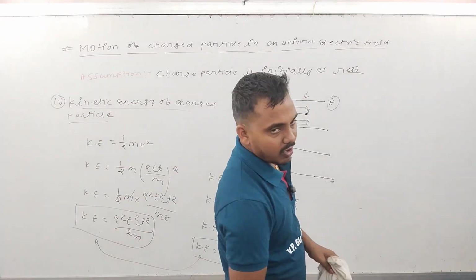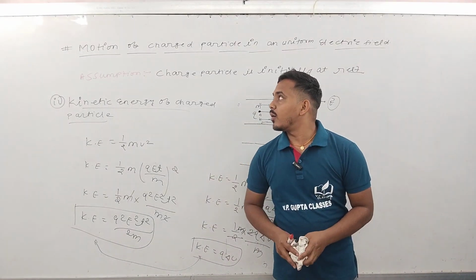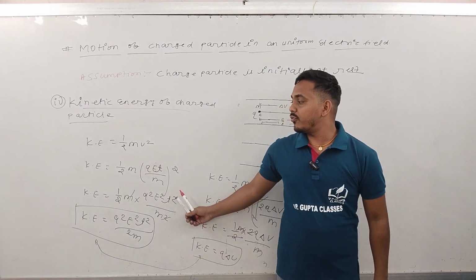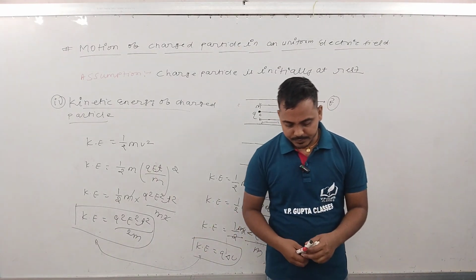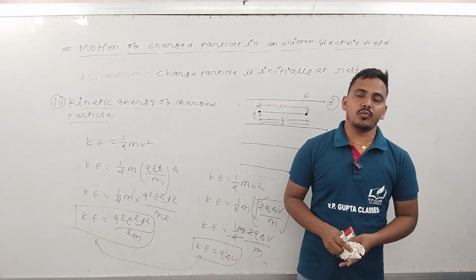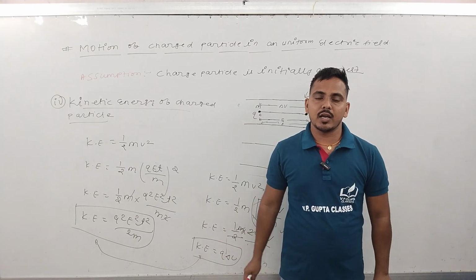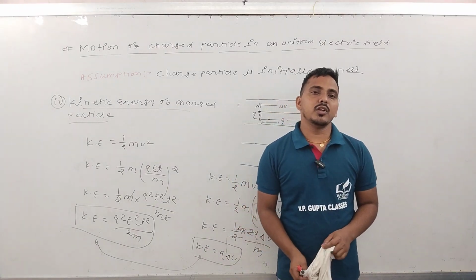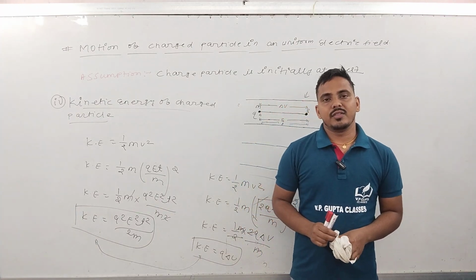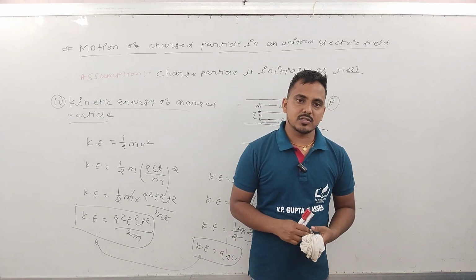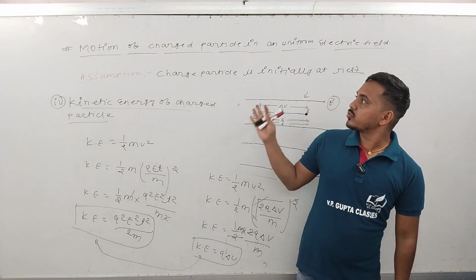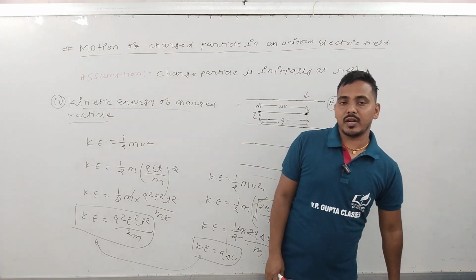This is the topic of motion of a charged particle in a uniform external field. If you learn these formulas, then you can easily solve numericals in the examinations on the basis of motion of a charged particle in a uniform electric field.